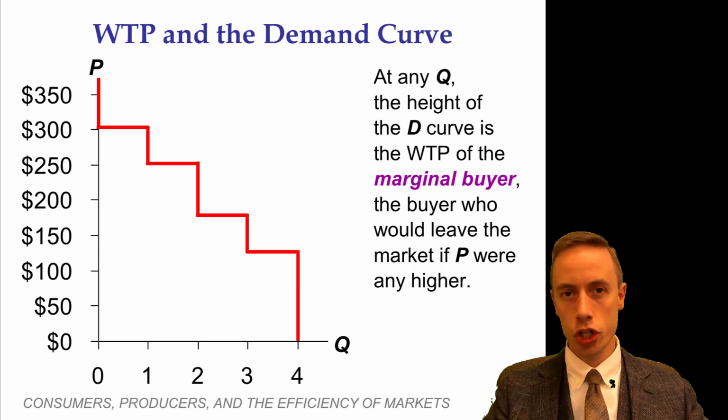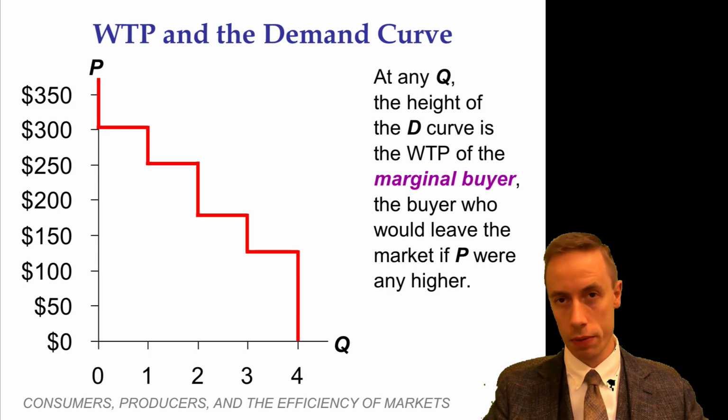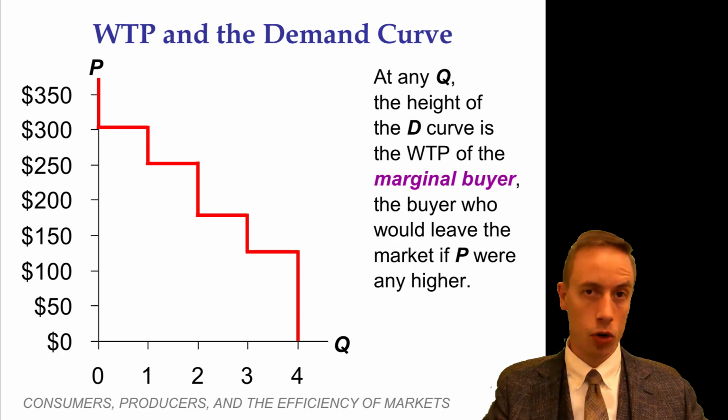A marginal buyer. A marginal buyer is the most recent buyer who has started buying a product if you're thinking about falling prices, or if you're thinking about rising prices, it's the first buyer that would stop buying the product. It's the buyer on the edge, so to speak. That's what thinking at the margin refers to.